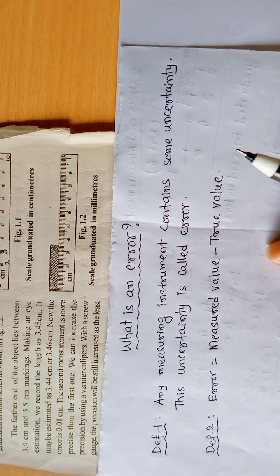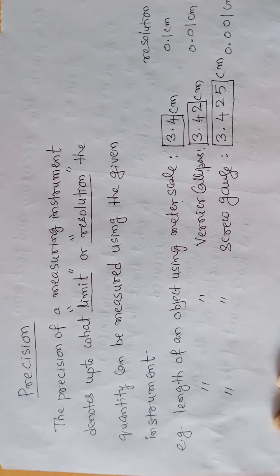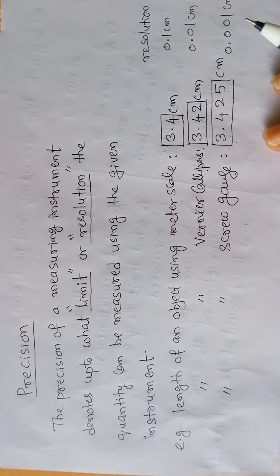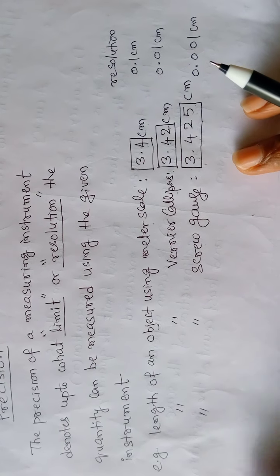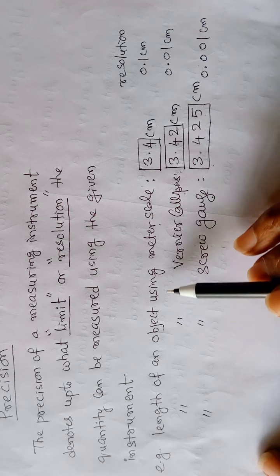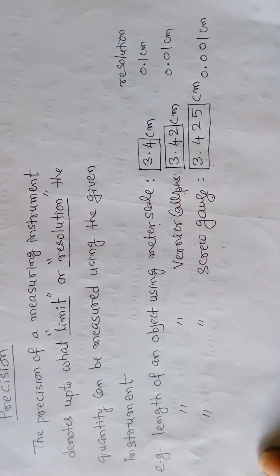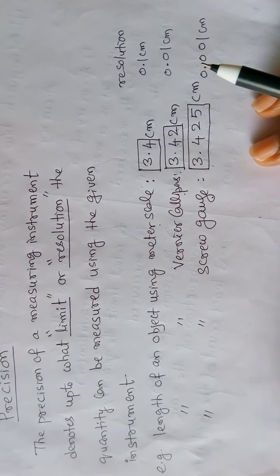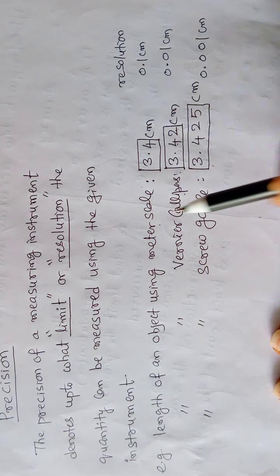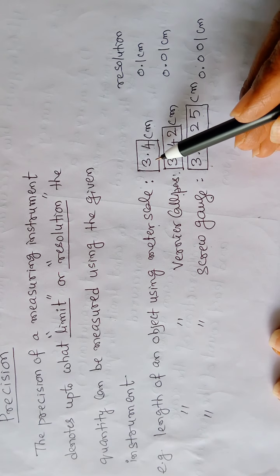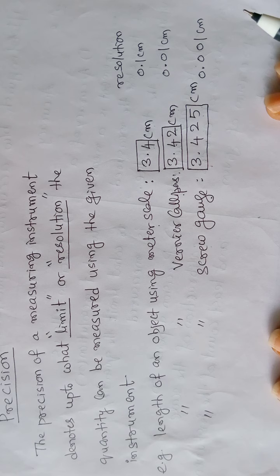Now let us know what is precision. The precision of a measuring instrument denotes up to what limit or resolution the quantity can be measured using the given instrument. Now let us consider the examples. Length of an object using meter scale. An object is given, you measured its length using meter scale and you got the value 3.4 centimeters.